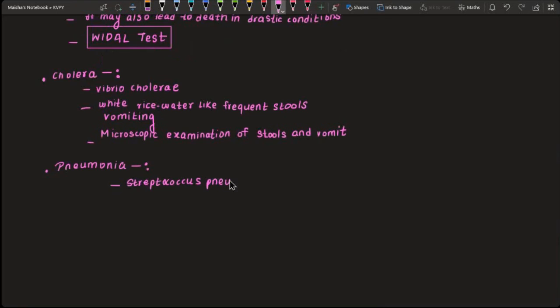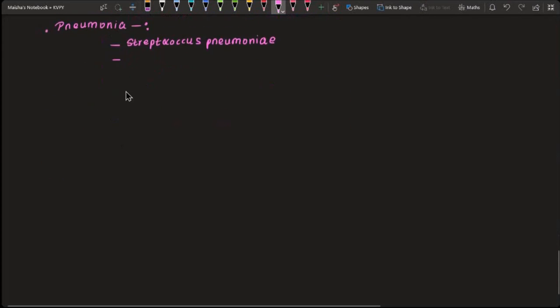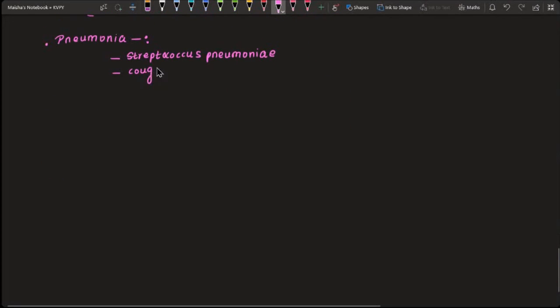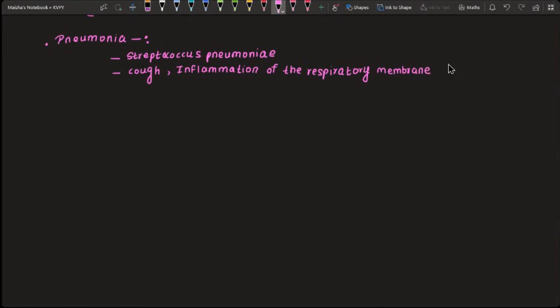So it is caused by bacteria. One of the major kinds of bacteria that causes it is Streptococcus pneumoniae. Pneumonia is affecting the respiratory system. So it will lead to cough, inflammation of the respiratory membrane, the functional units present in the lungs.